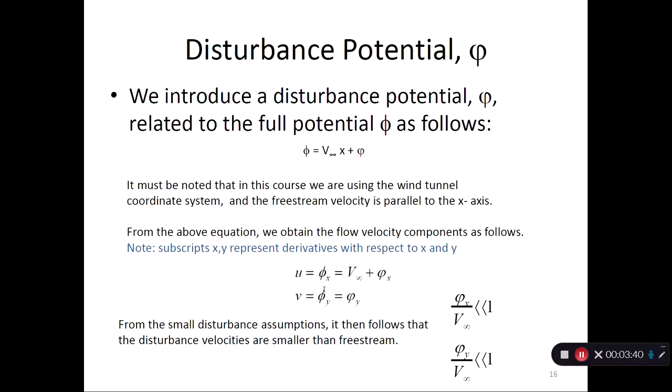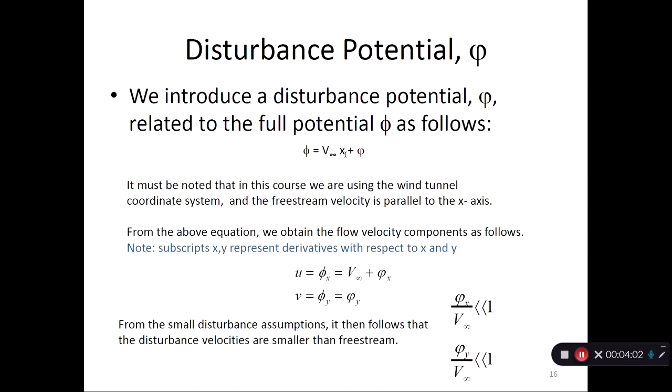So what we are going to do is take our velocity potential phi as made of two contributions. One is a free stream component, V infinity times x. By the way, we are going to assume the free stream velocity is along the x-axis. So the body is rotated like in a wind tunnel for an angle of attack.